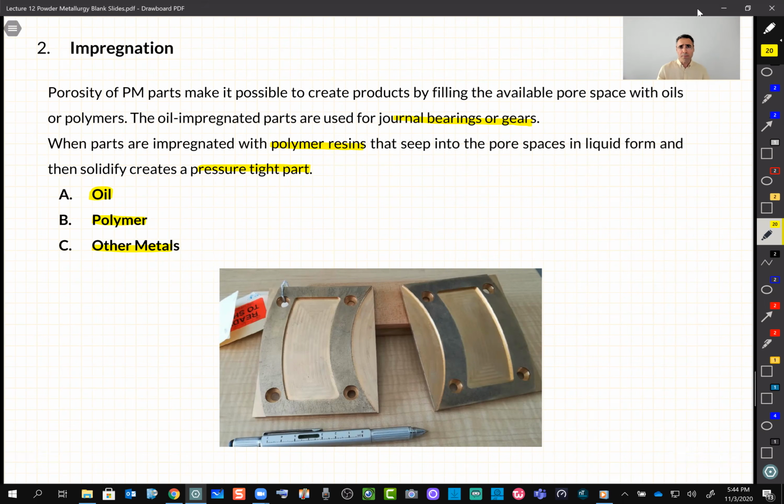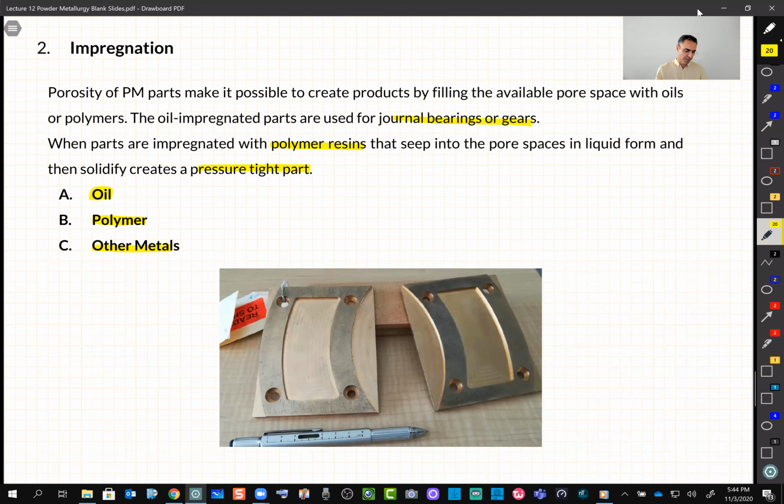With oil impregnation, usually right after sintering, they basically dump these parts, still hot, into a bath of oil, and they leave it there for a day or 2 days. So they let the oil, and with the polymer the same, soak in, basically. You can think of it more like a sponge.